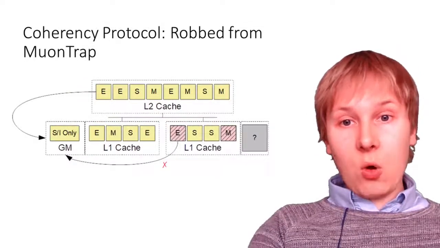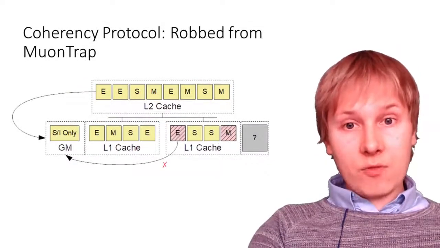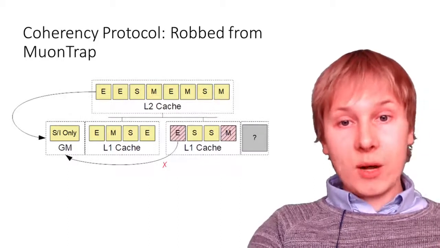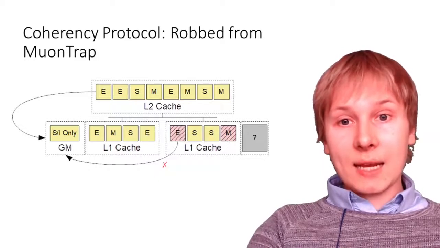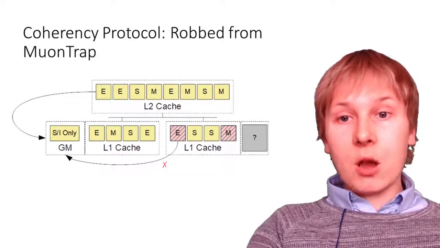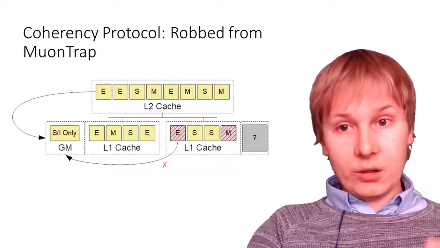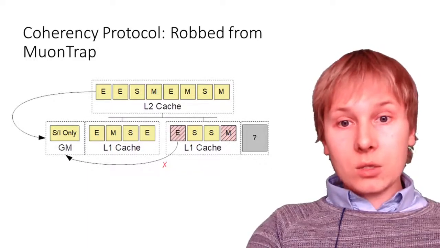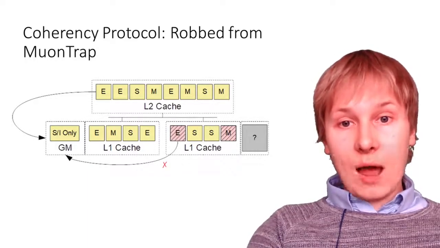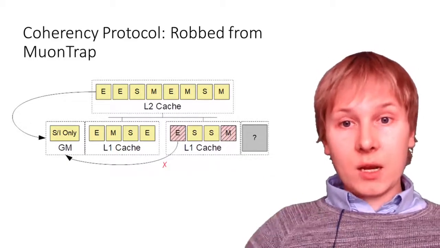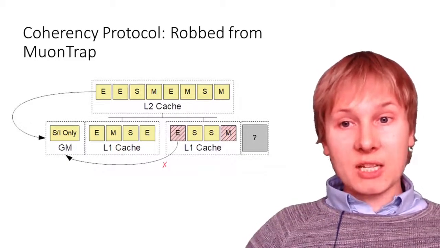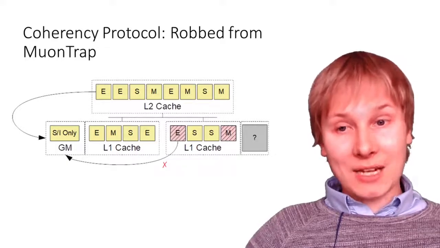That's all within a thread, but of course you also have between-thread issues to worry about, and the basic idea is that different threads can't see the state in another GhostMinion. But we also have to have restrictions on the coherency protocol so that as the result of a GhostMinion, no coherency protocol changes happen in the non-speculative cache hierarchy.